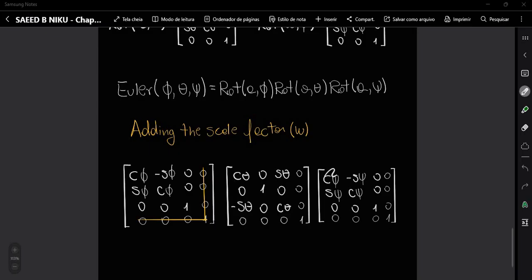So these angles are applied successively.